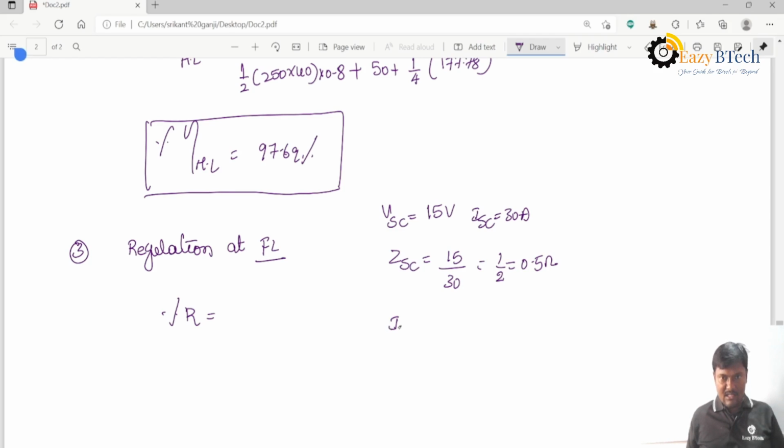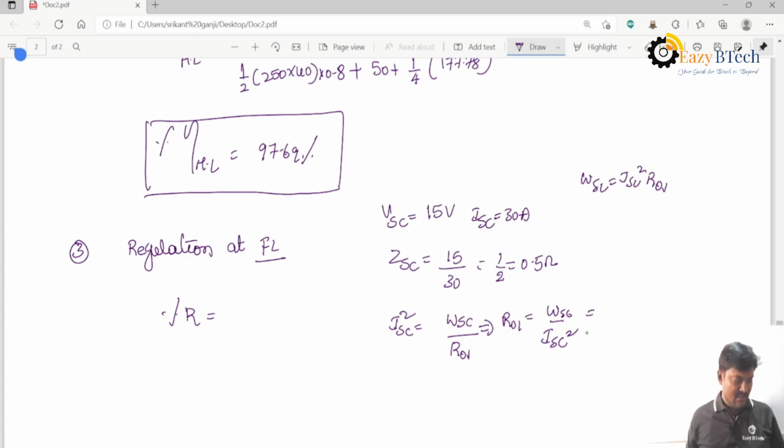Wsc is equal to Isc square into R01, so R01 is equal to Wsc by Isc square. What is the Wsc value?